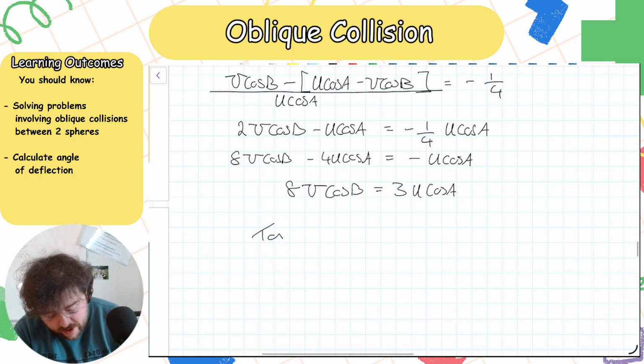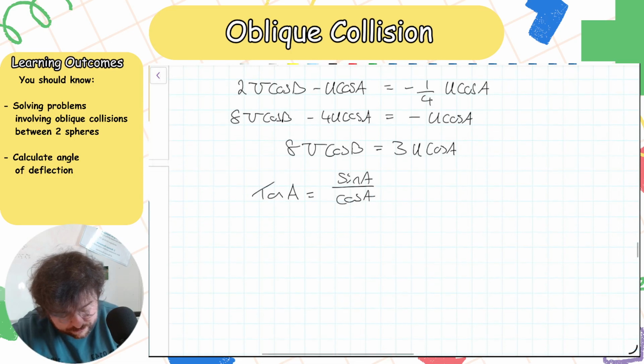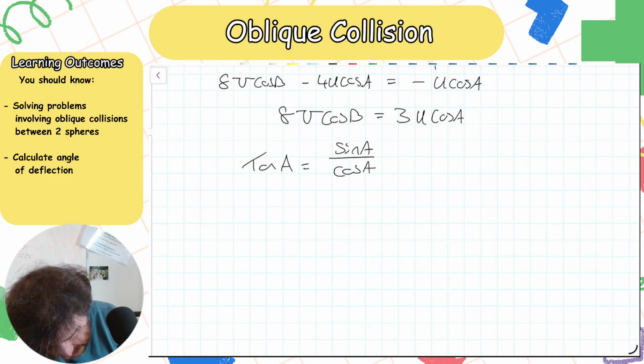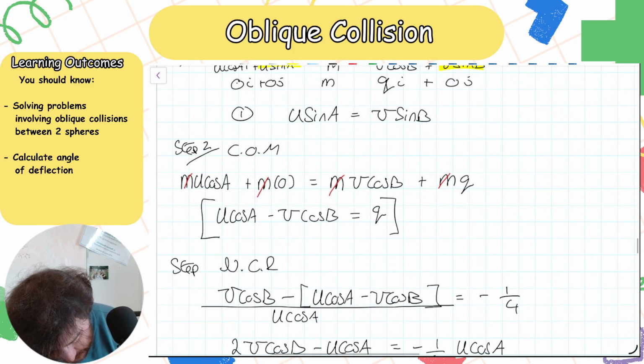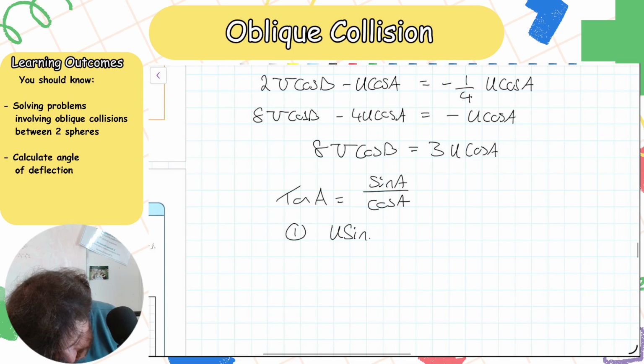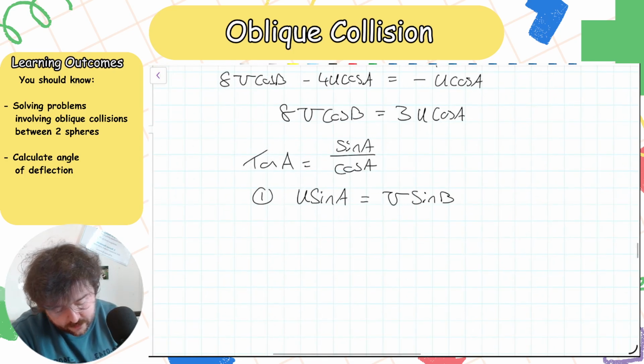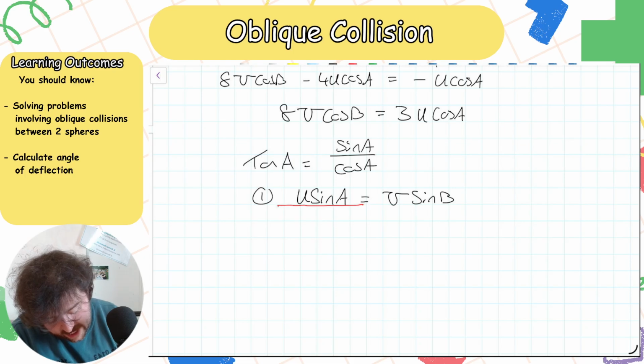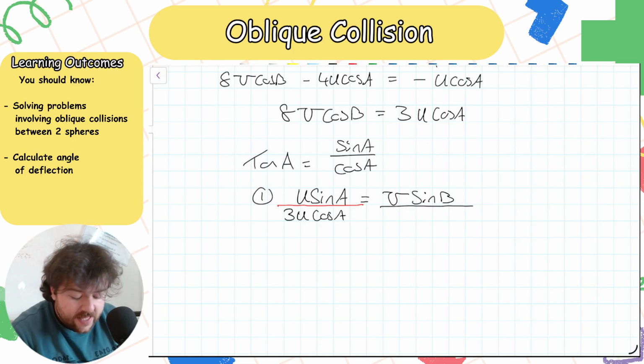We need to recall the identity: tan A is equal to sine A over cosine A. We recall u sine A is equal to v sine B. I am going to divide my left-hand side by 3u cosine A. What I do to one side of the equation I have to do to the other, so I divide my right-hand side by 3u cosine A.